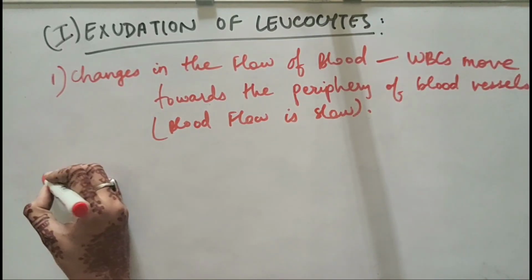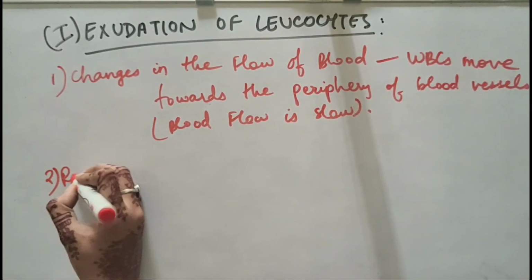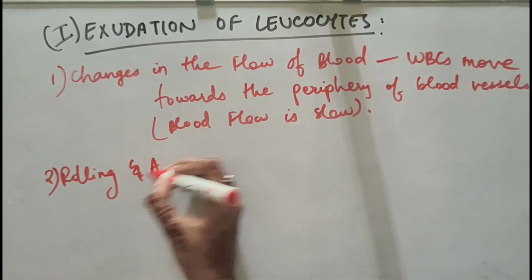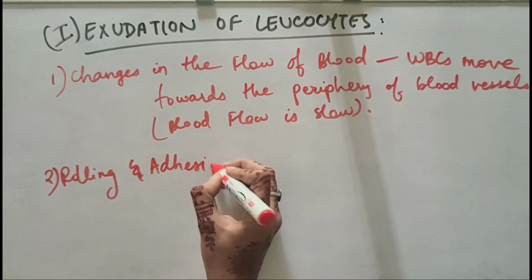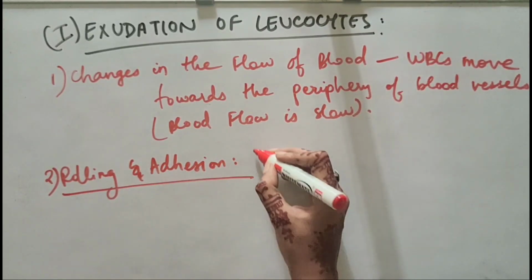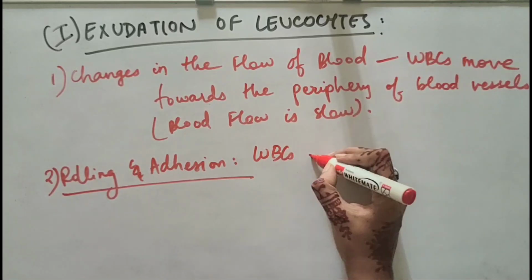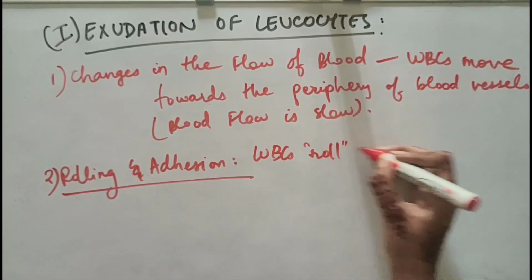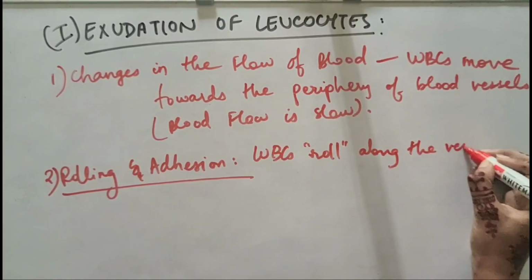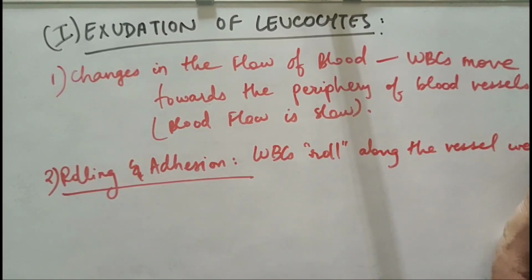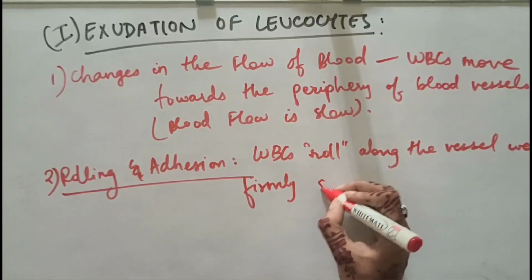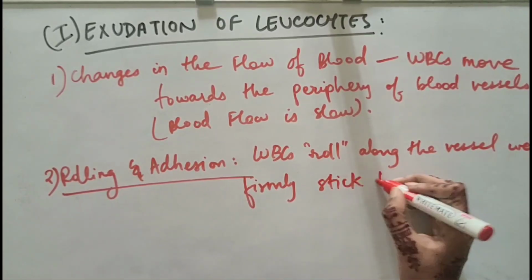Now the next step is rolling and adhesion. WBCs roll along the vessel wall and firmly stick to the endothelium.